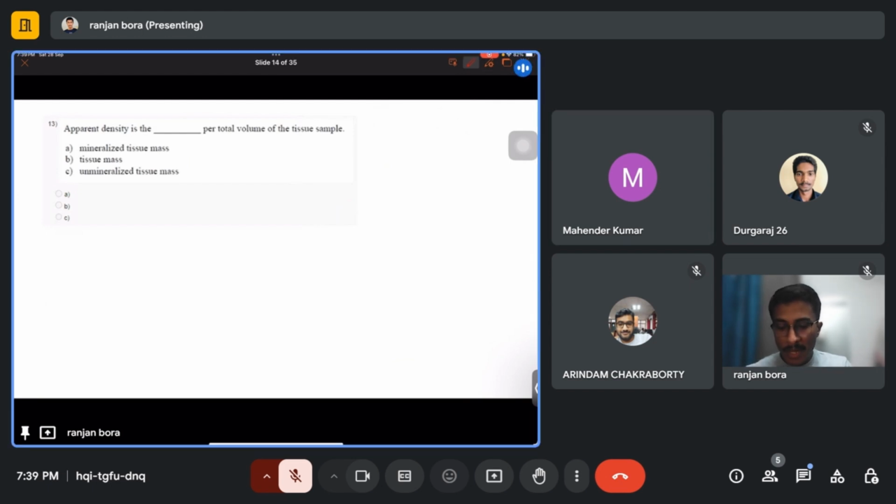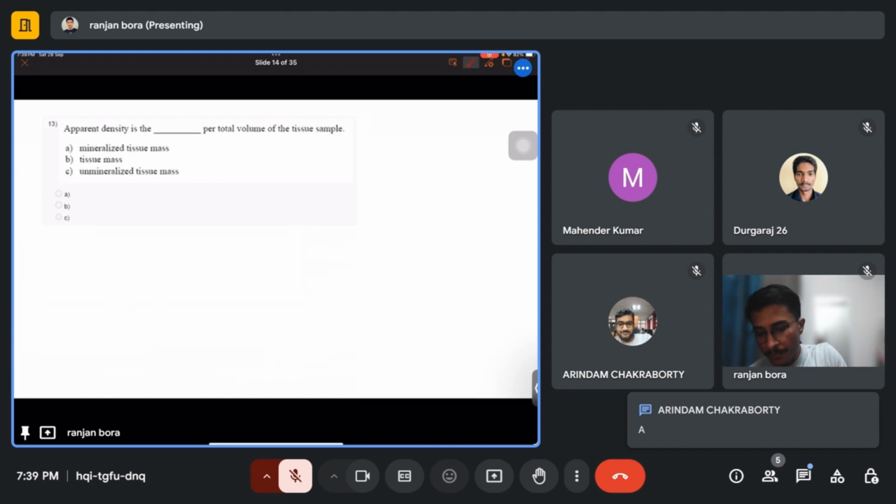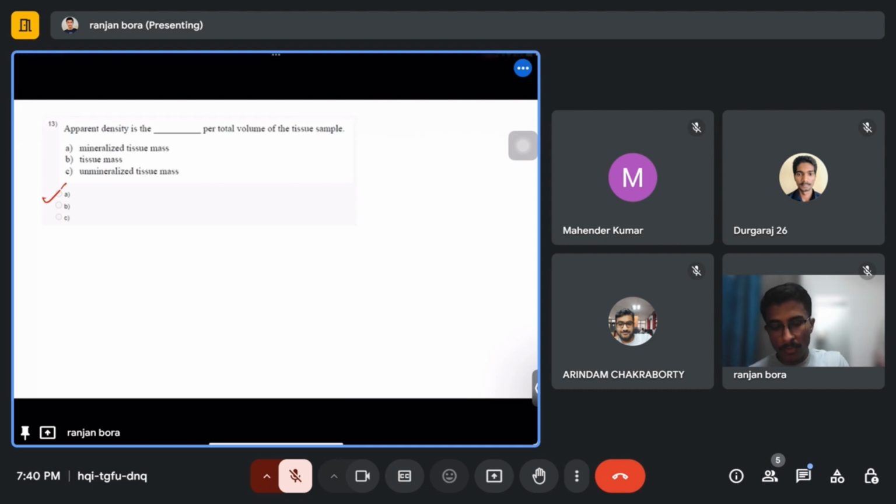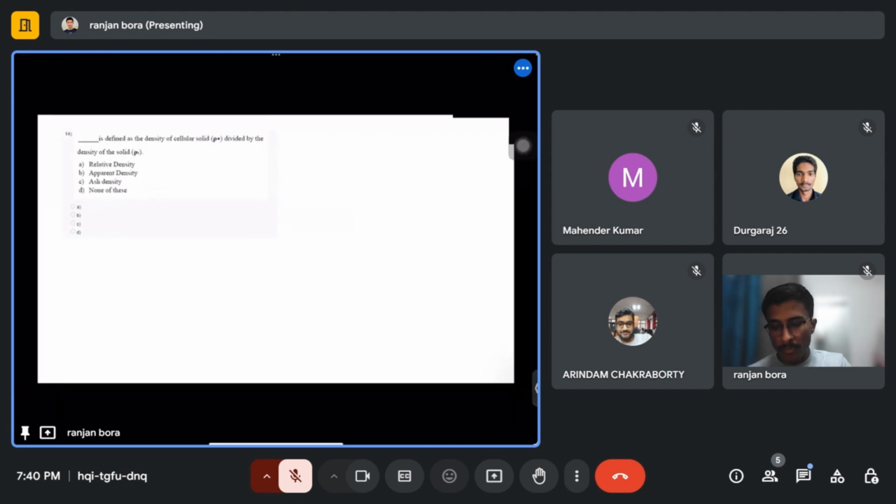Next is: apparent density is the dash per total volume of the tissue sample. Yes, it is mineralized tissue mass. What is the density of cellular solid divided by the density of the solid?